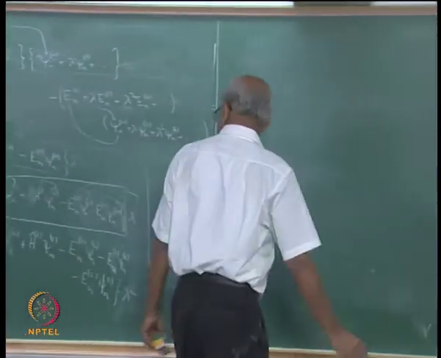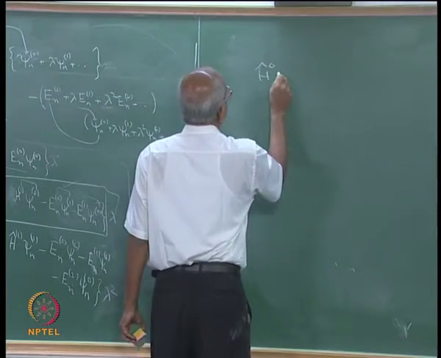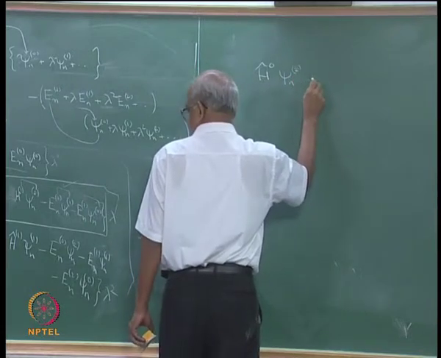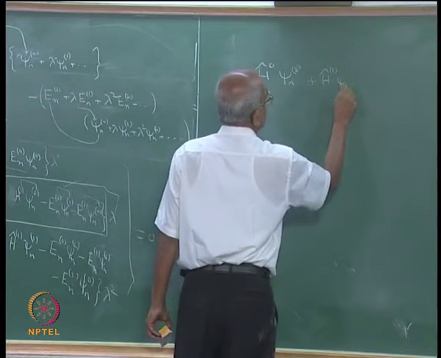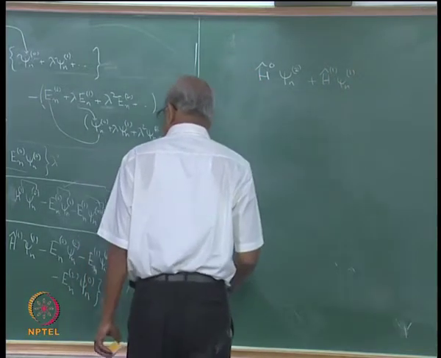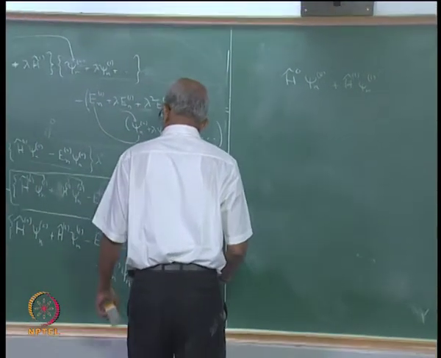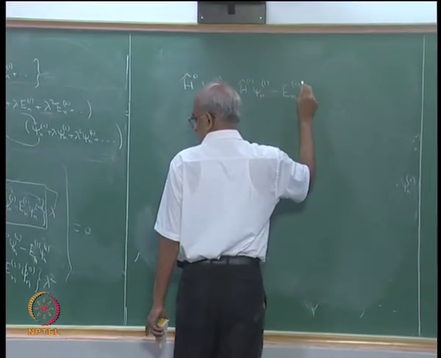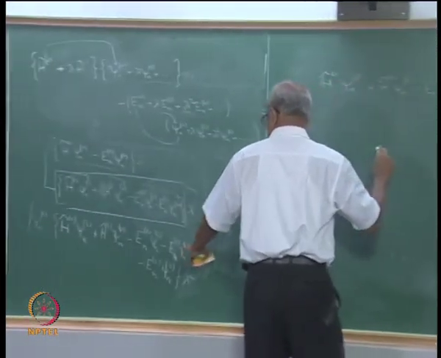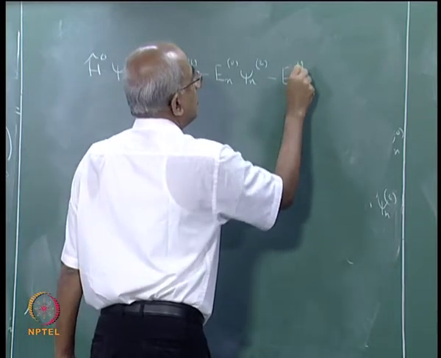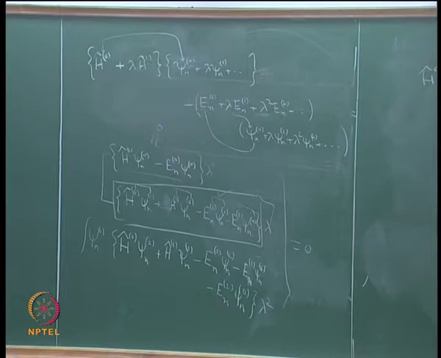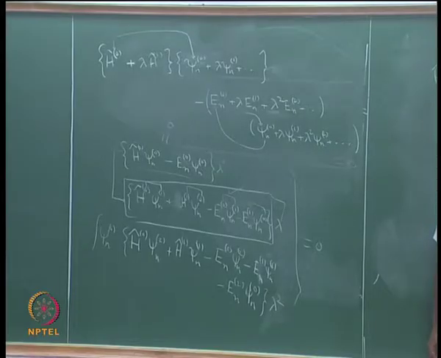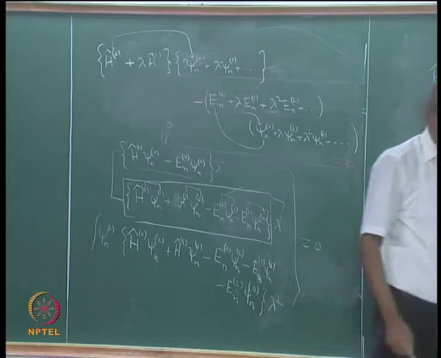I have to do it here: H0 psi n2 plus H1 psi n1 minus En0 psi n2 minus En1 psi n1 minus En2 psi n0 must be equal to 0, right? That is what the equation says. I hope I have not made a mistake.